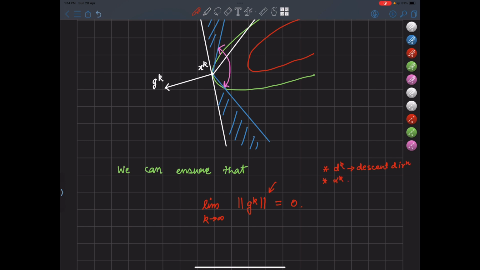So this proves that if you choose dk such that it is a descent direction, we choose alpha k by Armijo and Wolfe's conditions, the gradient g is Lipschitz continuous, and we choose dk such that cos²θk is greater than some value delta, then this ensures the algorithm will converge.